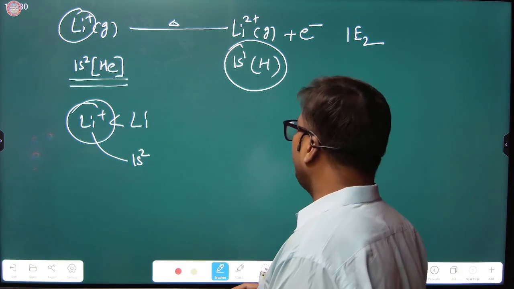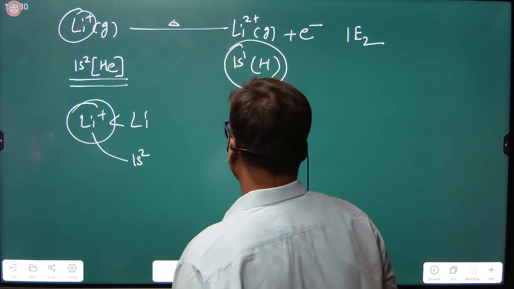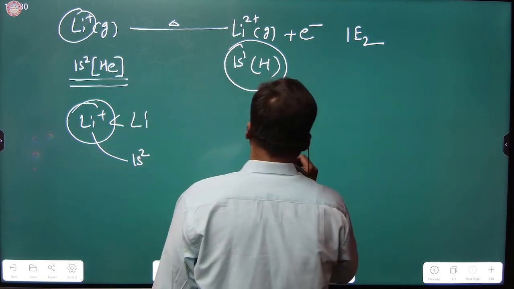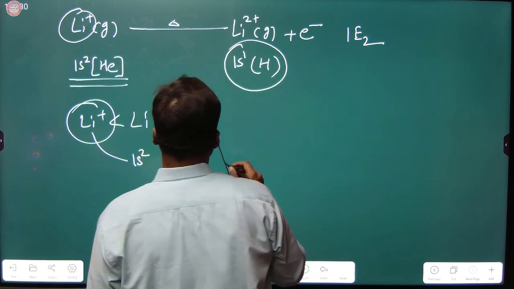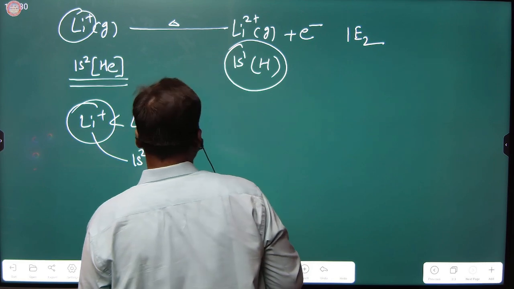If it is removed, then a large amount of energy is required. So the second ionization energy for the alkali metal cation is larger as compared to the first.